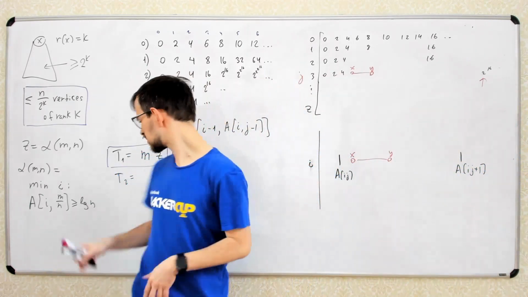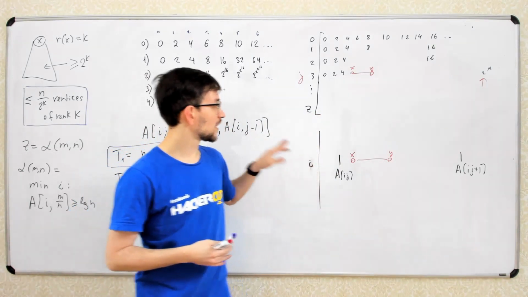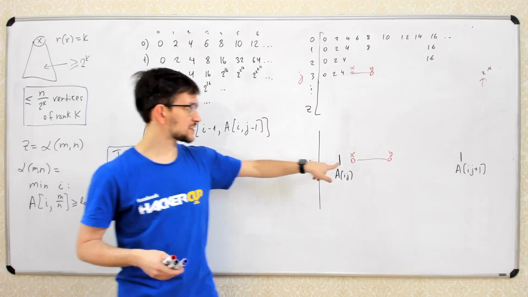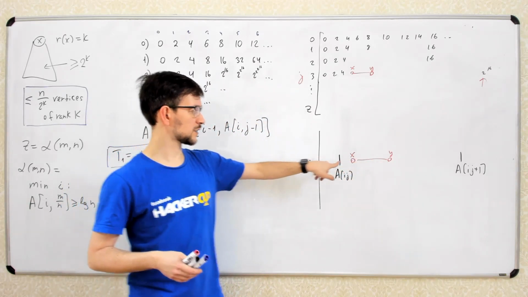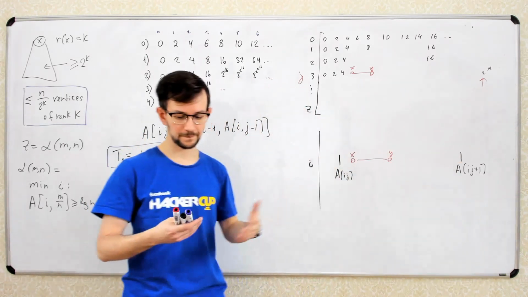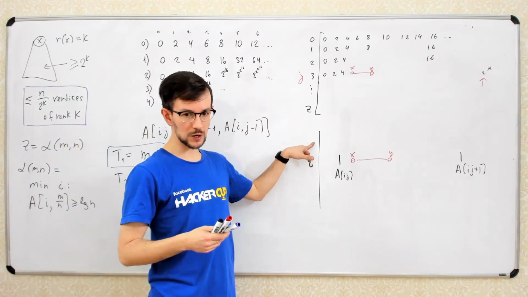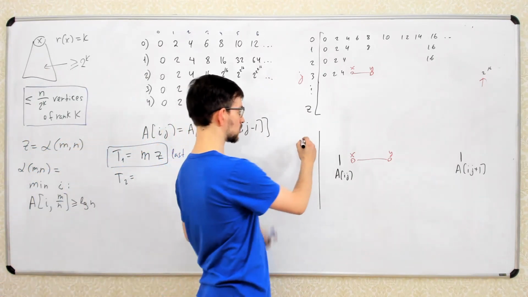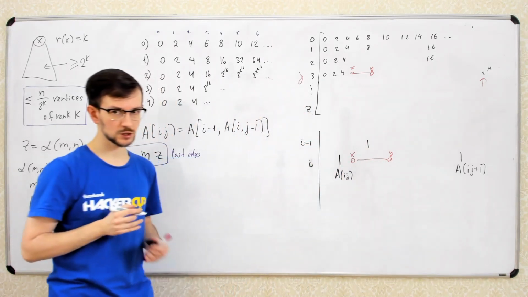Let's go back. That's not very important. So if we have this edge of class I, it means that both these ranks are between these two values, and it is not in class I minus 1. It means that in class I minus 1, there is some value between x and y.